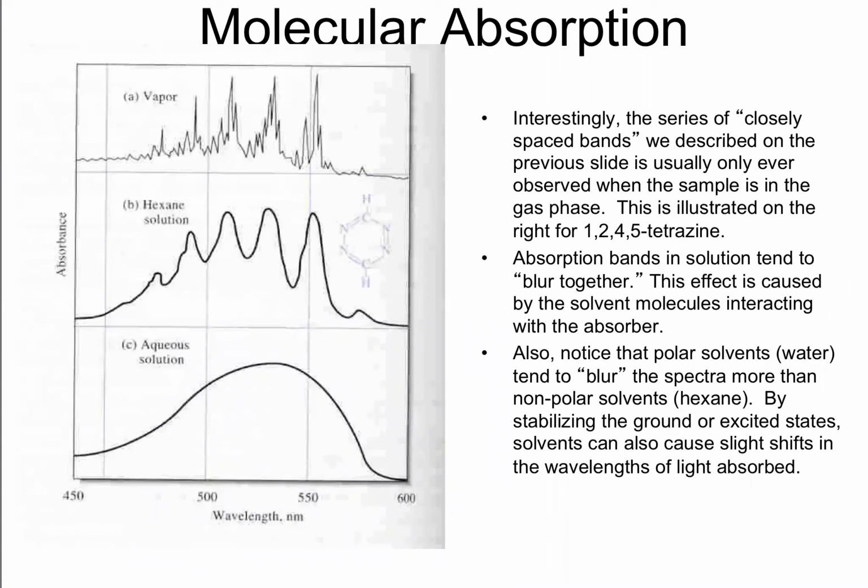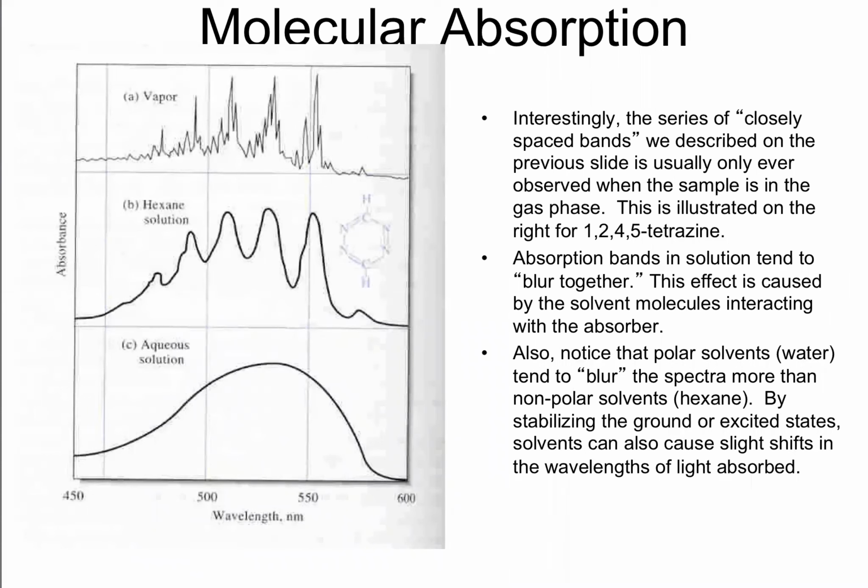So in hexane, the one here in the middle, the first thing I notice is that I still kind of see an averaged out vapor phase spectrum. So I still see similar, different peaks, if you will. But they're just kind of blurred, aren't they? And then when I look at the aqueous solution, gosh, it's even more so.